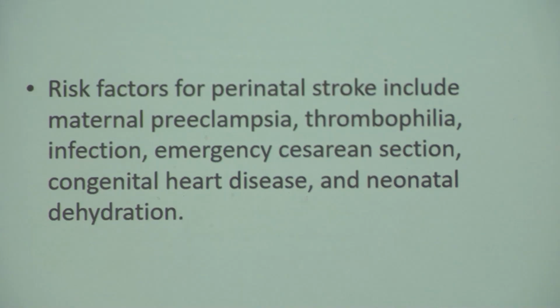Any problem with the mother can give rise to stroke in the baby. A mother suffering from preeclampsia, hypertension, or any other disease can give rise to stroke in the baby, if there is delayed presentation of other things. Congenital heart disease, particularly cyanotic heart disease, can give rise to problems of the hemisphere.